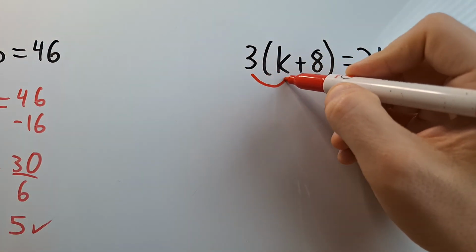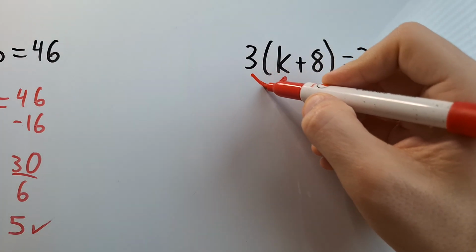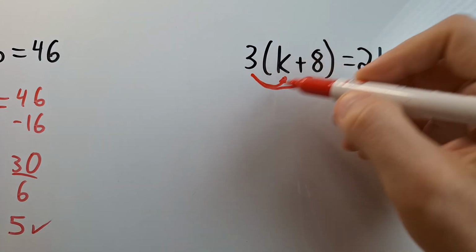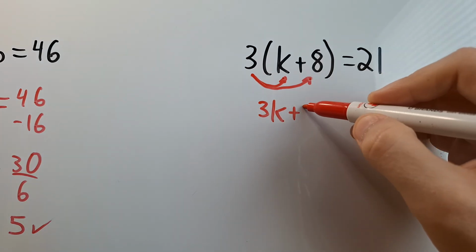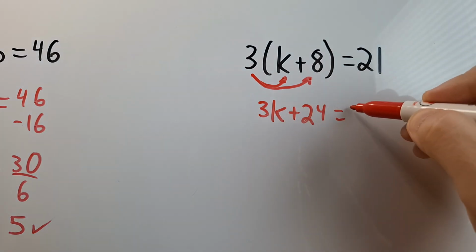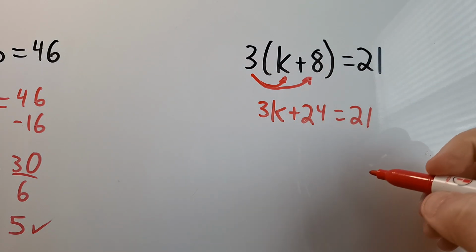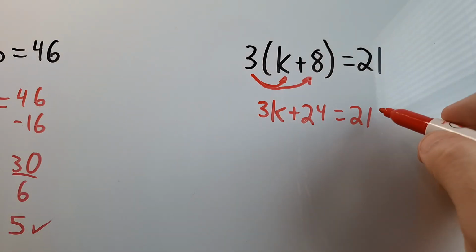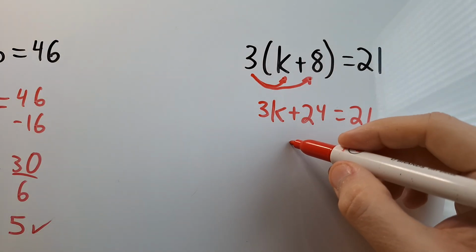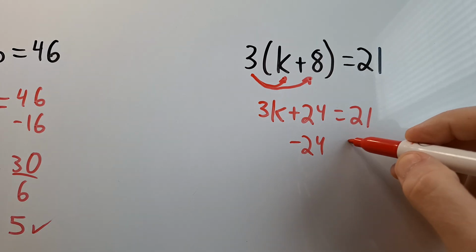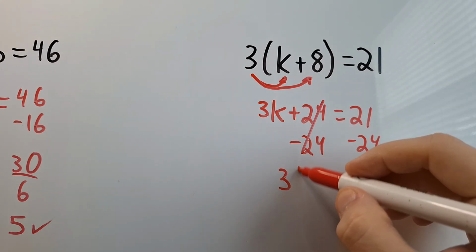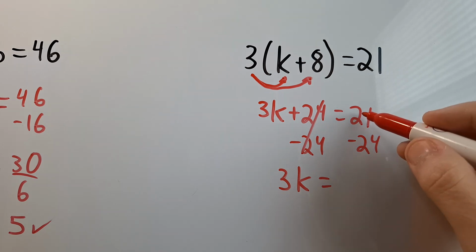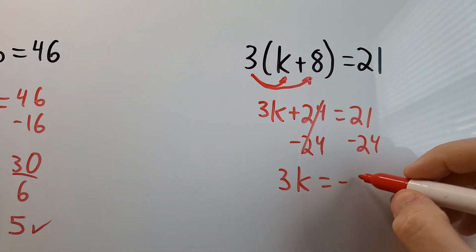Distributing that 3 to every term in parentheses gives me 3k plus 24 equals 21. No like terms, so now all we do is subtract and solve this regularly, just like the last one. 21 minus 24 gives me negative 3.